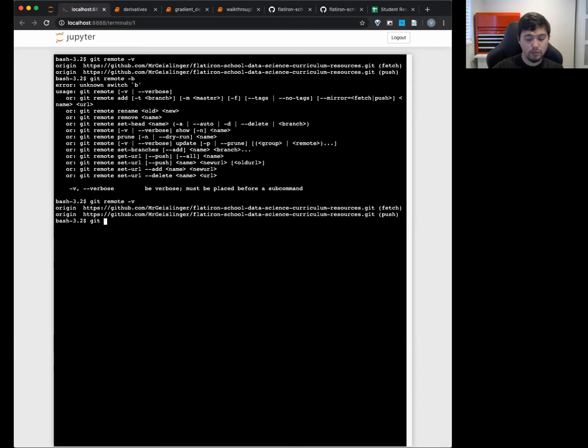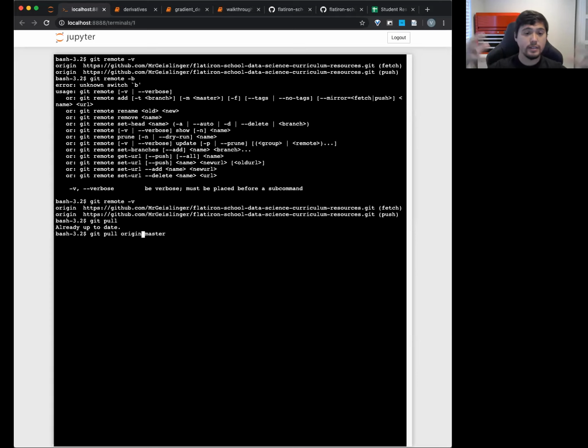Technically, although I think you probably could do a git pull, I have to play around with this maybe. I usually do a git fetch first. Git pull is basically a fetch and a merge put into one. When you do git pull origin master, I'm pulling from the origin repo, which is this guy right here, into my master branch, which is my local branch.